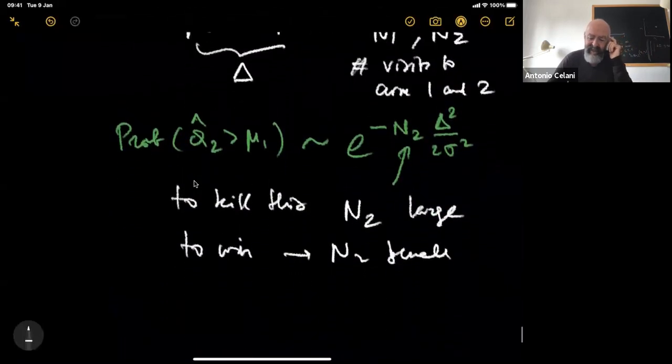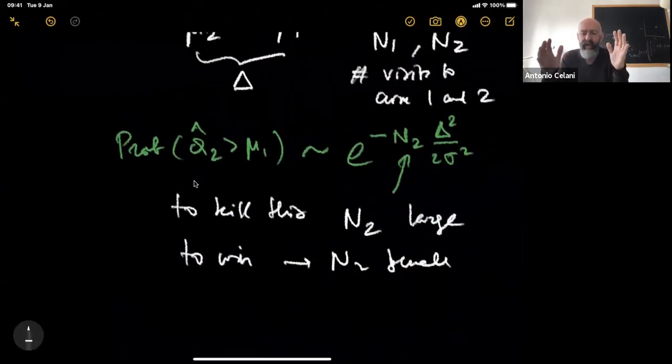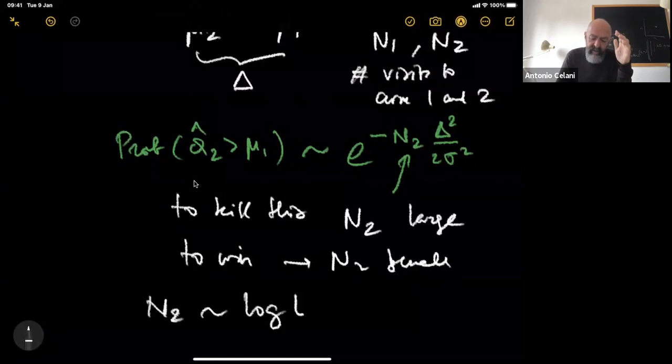The math tells you that this sweet spot is located when this N2 goes logarithmically with time. This requires some elaborate math, but it's clear that N2 must grow.